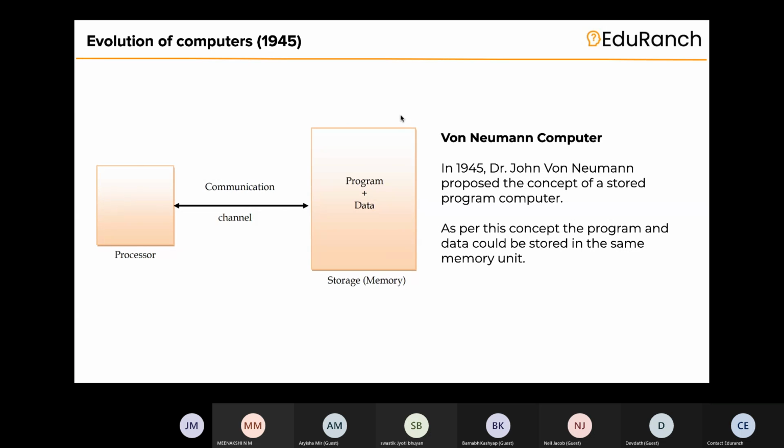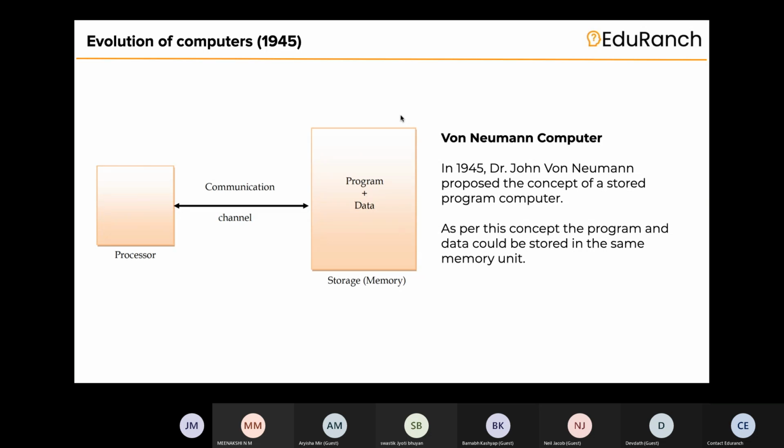Okay, so in 1945, we evolved something more efficient, the stepping stone for today's modern computers. John von Neumann proposed a concept that there should be a processor, a program, and data.